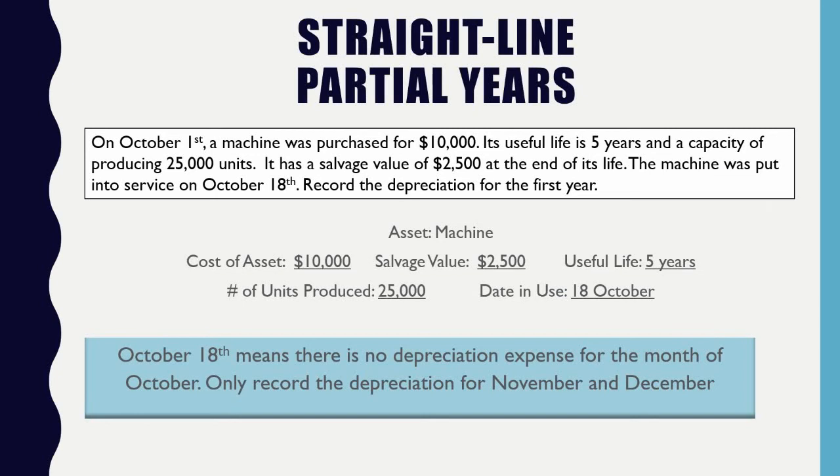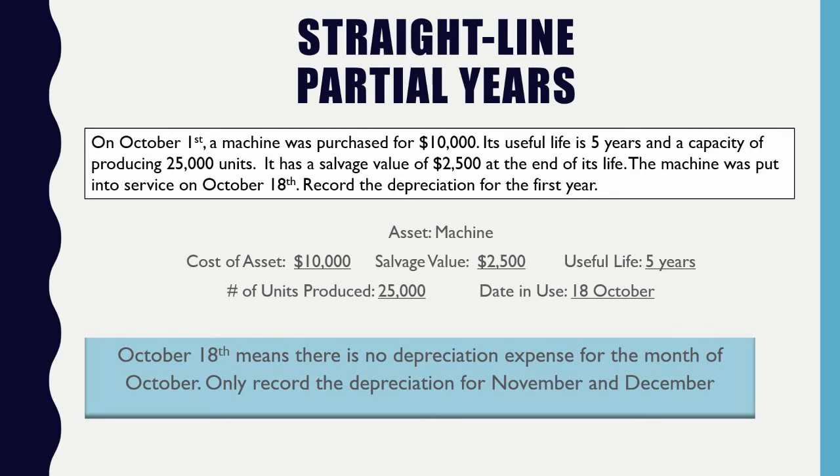But what happens when partial years come into play? So once again, it's more common that you would normally depreciate at the end of the year. Okay, so in my case, I'm assuming that my end of the year is December 31st. Okay? But if I put my asset into service as of October 18, okay, how do I start depreciating?